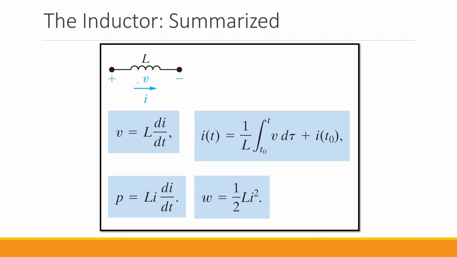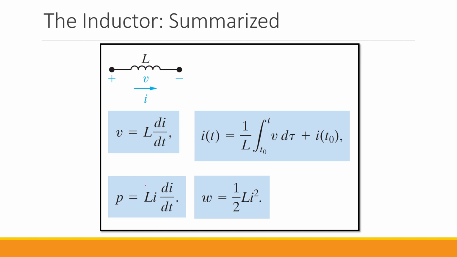Based on this passive sign convention, the equation for the voltage across an inductor equals L, the size of the inductor measured in Henry, multiplied by di over dt, or the rate of change of the current in the inductor over time.